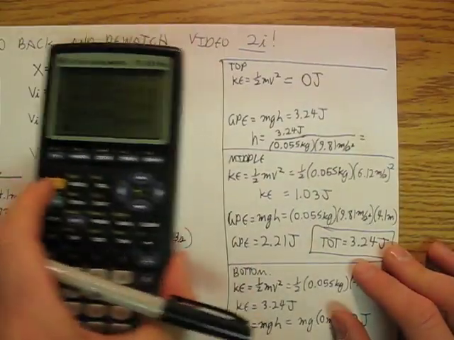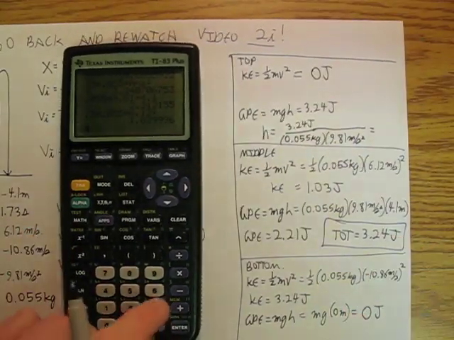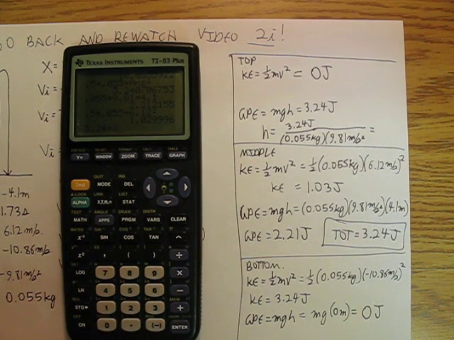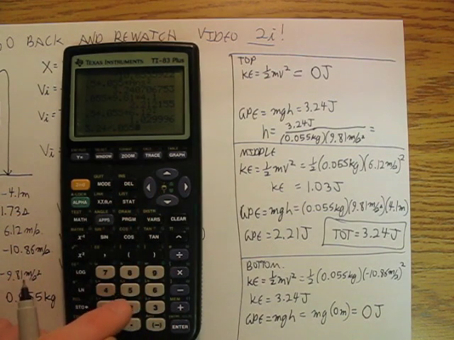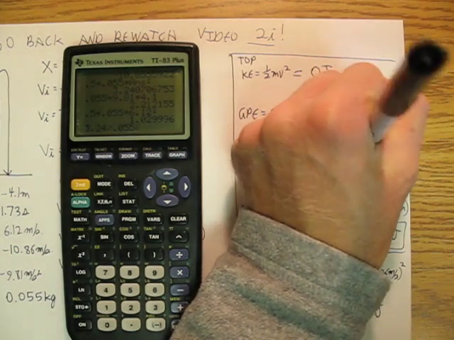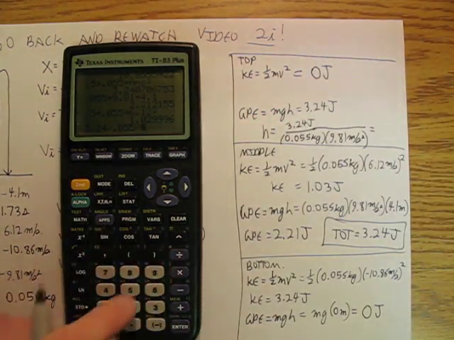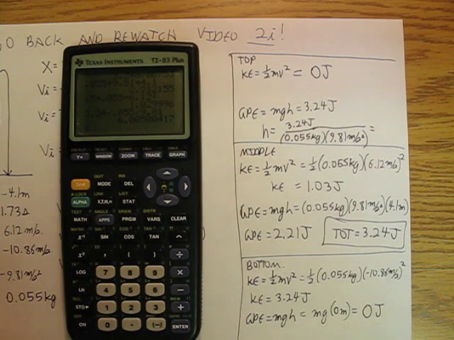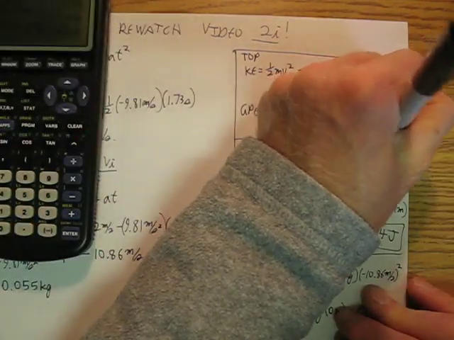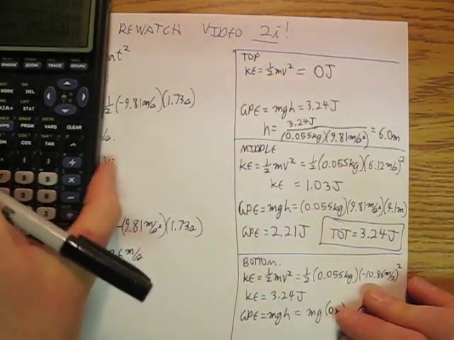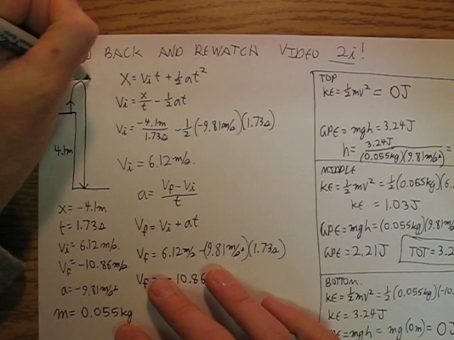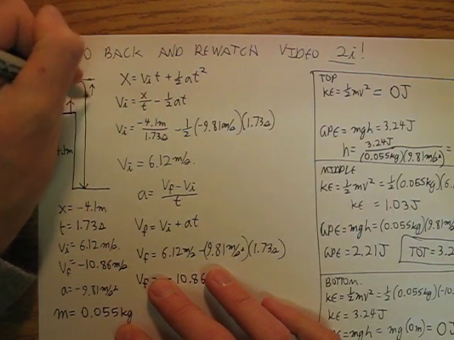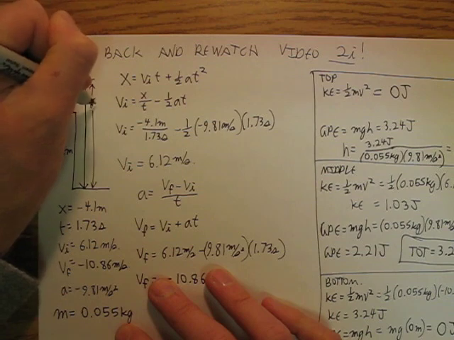So that's going to be 3.24 divided by 0.055, close that parentheses, divided by 9.81, and I get 6 meters. Okay, so what that's telling me is that this distance here is 6 meters.